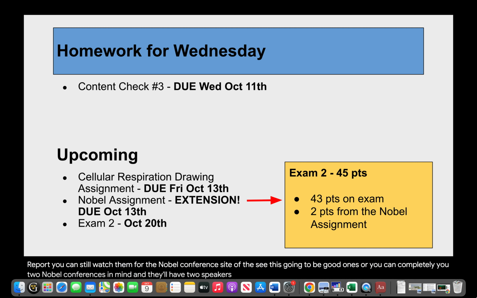Do I need the structures of all the molecules? Do I need the names in the right places?